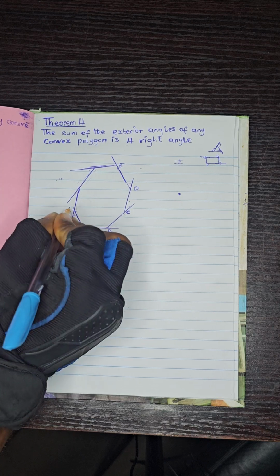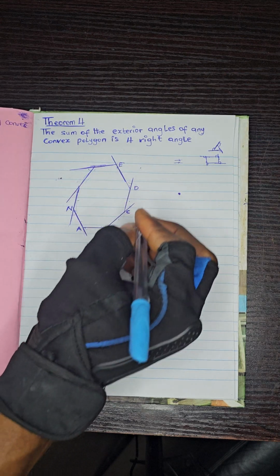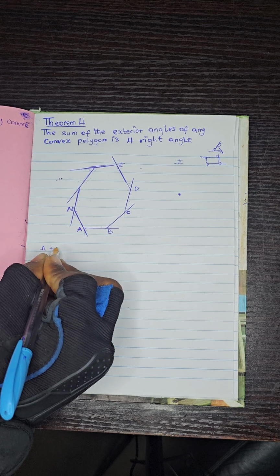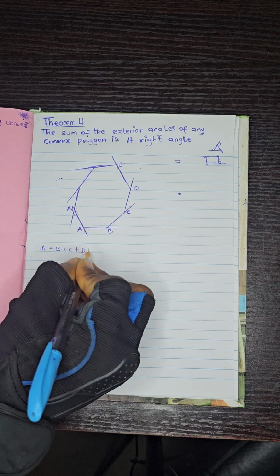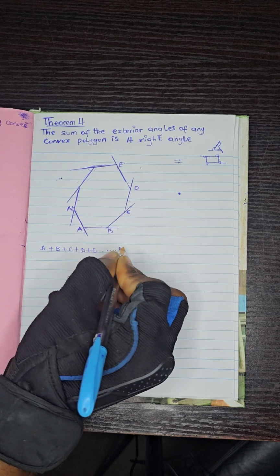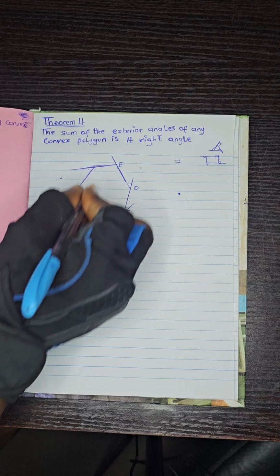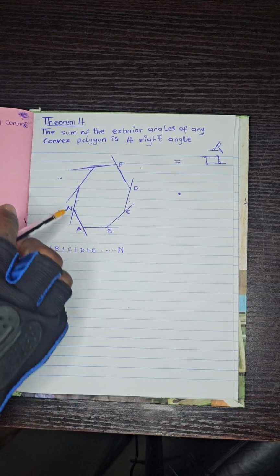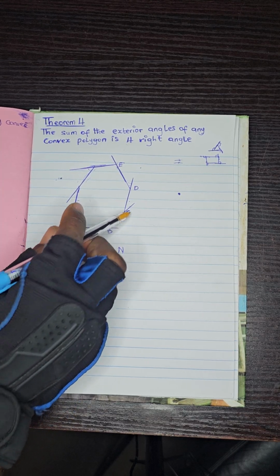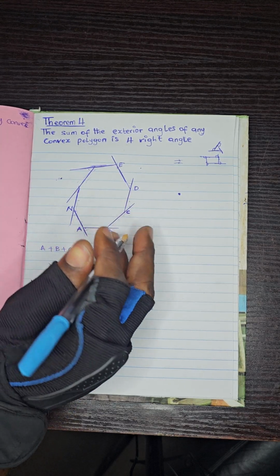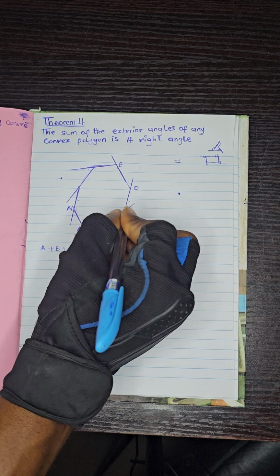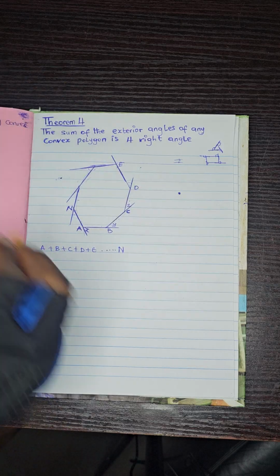So let me just call the last one N. N means up to the number N. It's like writing a notation of A plus B plus C plus D plus E up to N. I know we can count this, but we're just trying to say that we are dealing with as many sides as possible. So N is wherever we are going to stop. So this A forms angle X, this B forms angle Y, C forms angle Z, and so on.